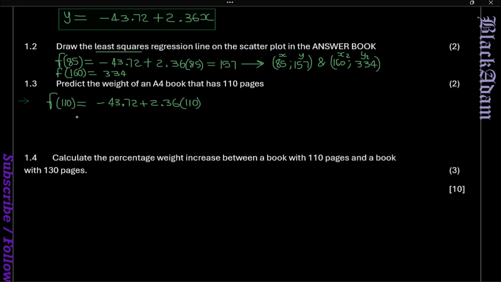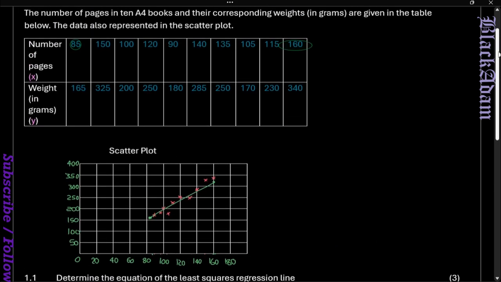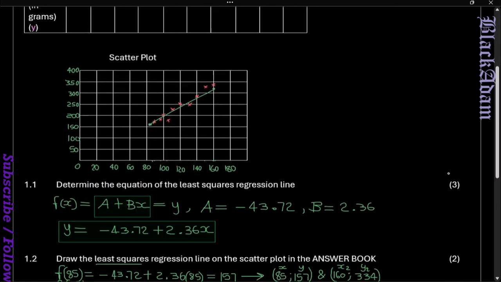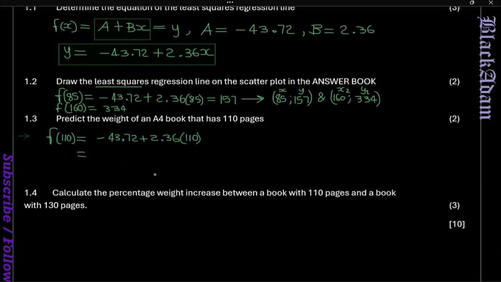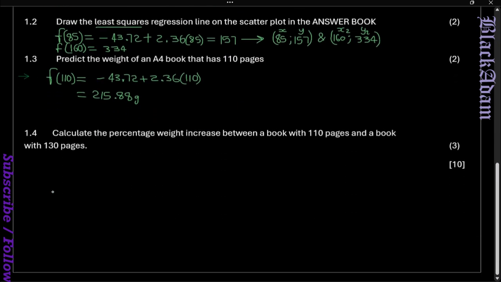Remember that x is the pages and y is the weight in grams, so our answer is going to be a weight. That's 215.88 grams. And then next we must find the percentage increase.